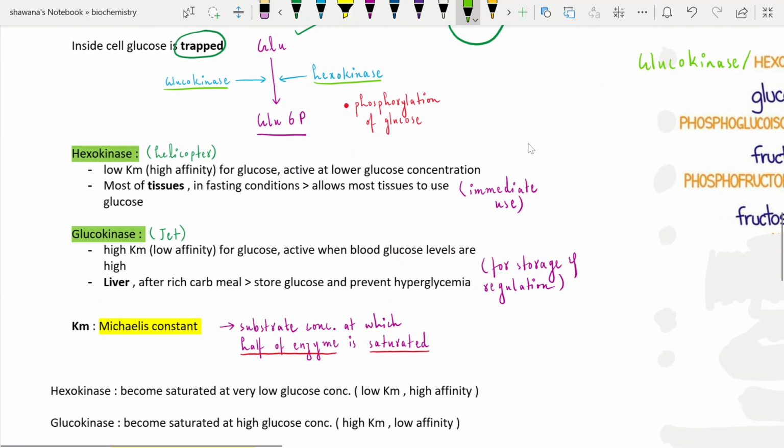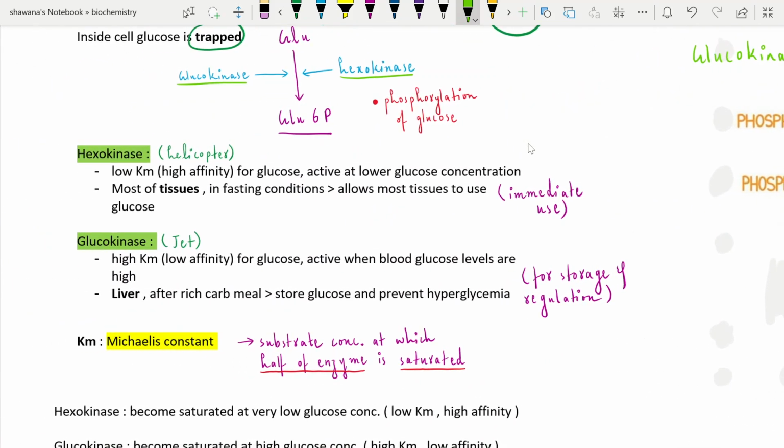What is the difference between these two enzymes? Just think logically. Glucokinase is present in the liver and hexokinase is present in most of the body cells. What is the function of the liver? Liver function is to regulate the amount of glucose in the blood.